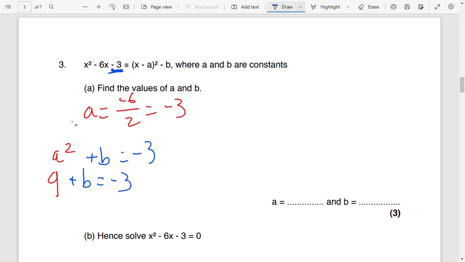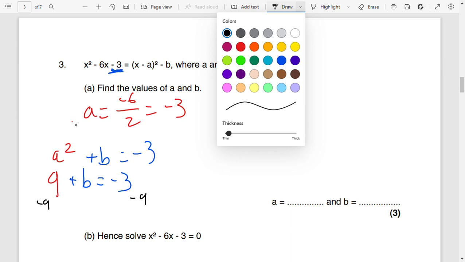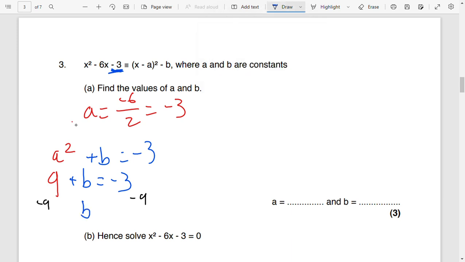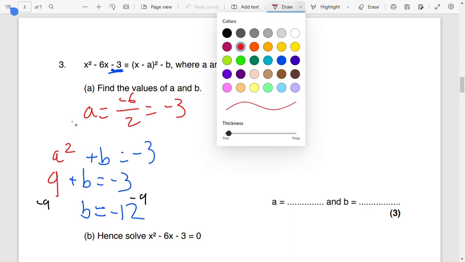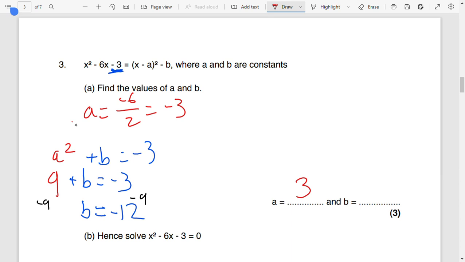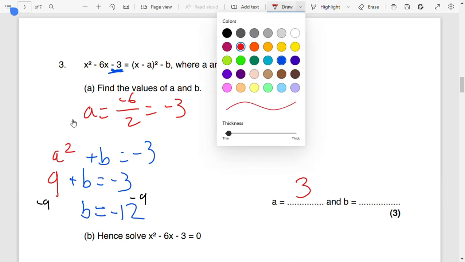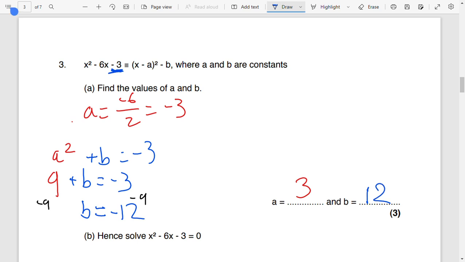So minus 9 from both sides, and we are going to get b equaling minus 12. Now, where a and b are constants, you can see this is a minus here already, so we actually have to put in the value of a to be 3, because it's already a minus in front of it, and b to be 12. Got to be careful there, they like to trick you out with questions like that.